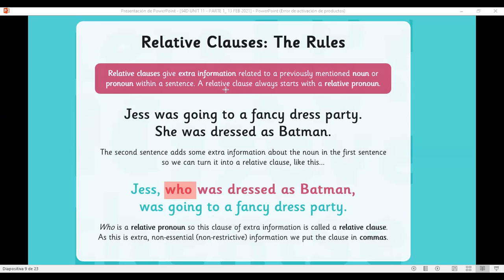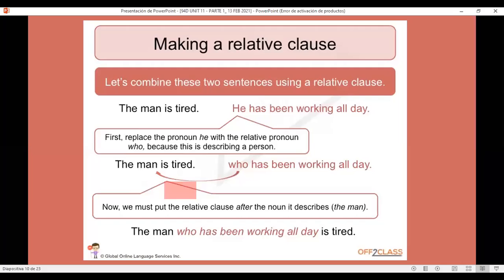So let's see. In the next page, we have also another description. Can you guys help me reading this one? Look at this. We have two sentences here. The man is tired, right? La primera oración es, the man is tired.